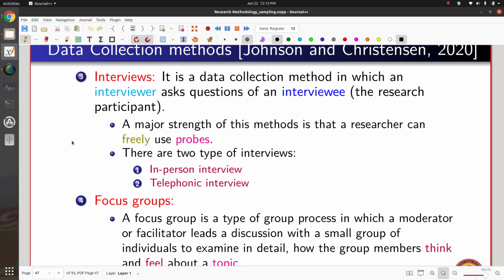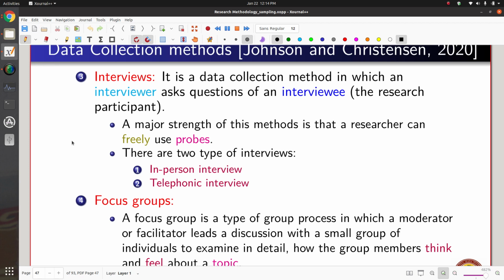That means you cannot probe your participants in a better way. This can be facilitated by an interview. Interview is again a data collection method where you ask a set of questions to your interviewee. The interviewee is the person being interviewed, the research participant.